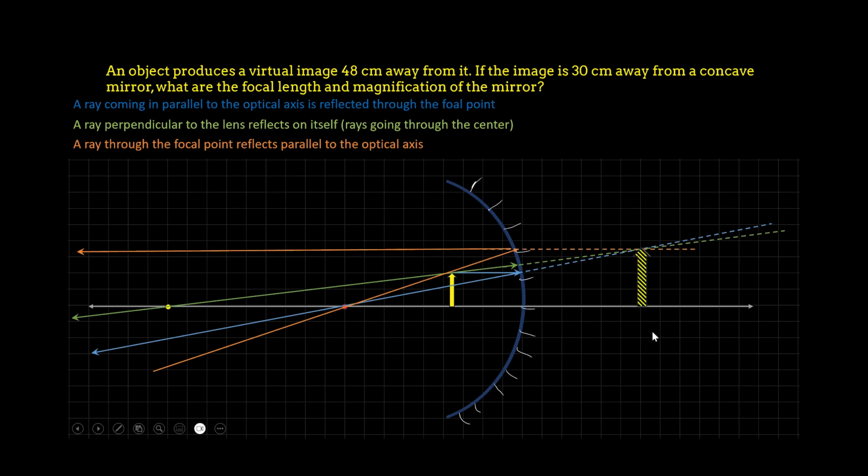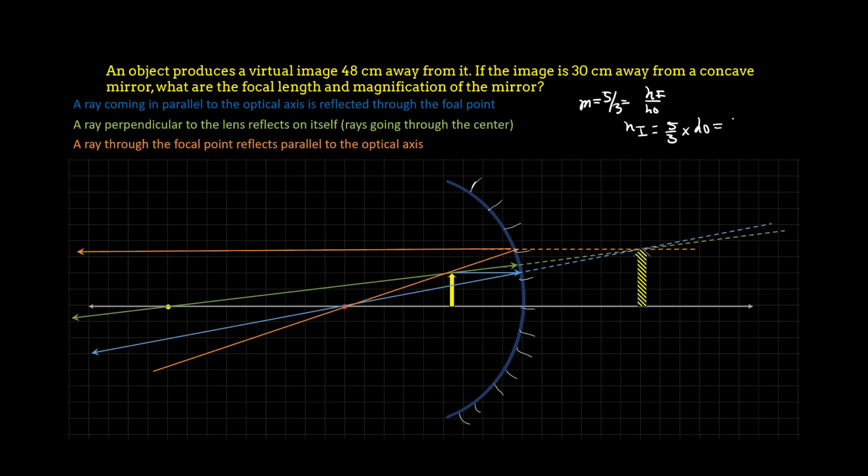Here is the image. It's almost twice as large. The object is 2. So M was 5/3, right? M is hI over hO. So hI is 5/3 times hO, which is 2.